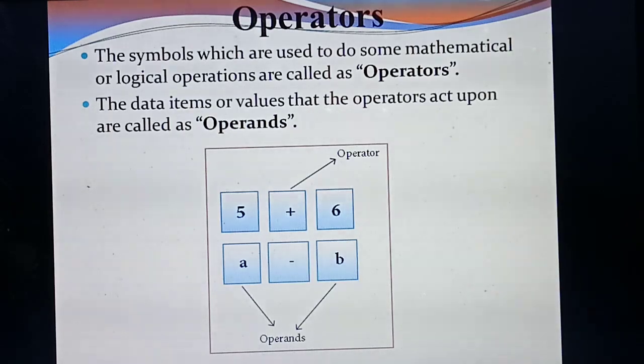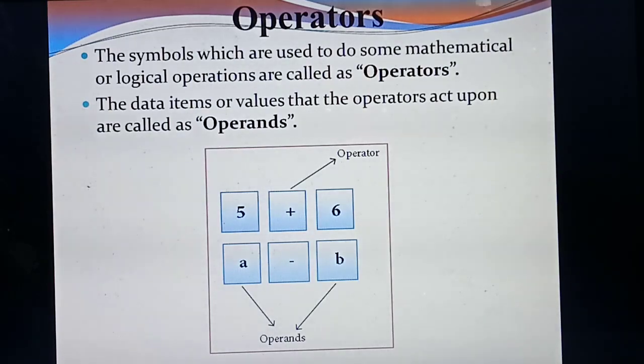To subtract 2 or 3 numbers. What's the use of the multiplication mark? To multiply 2 or 3 numbers. So the plus symbol is doing addition of the operands. That is called operators: using symbols to do mathematical calculations.